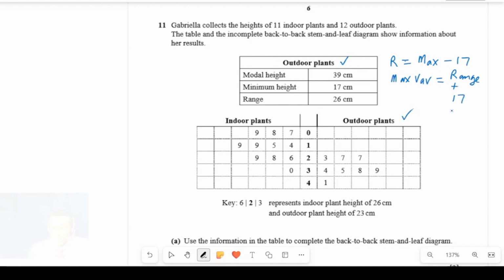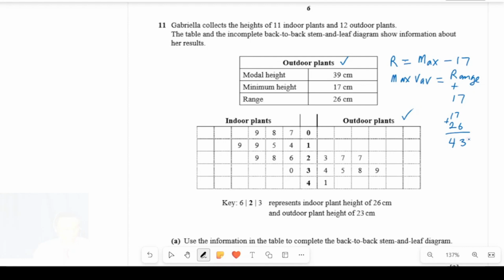So that will give us what is the maximum value of the adult plant. That is going to give 17 plus 26. So we have 3, that is 43. So that is the maximum value.